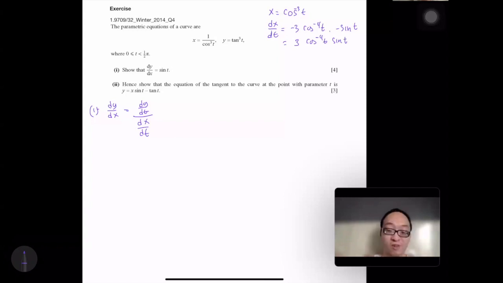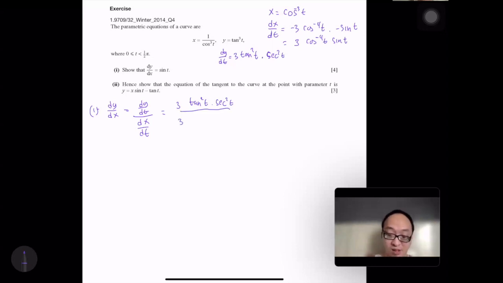And for y, the y is tangent cube t, so the dy/dt is 3 tangent square t times the derivative of tangent, which is secant square t. So we can combine it here: 3 tangent square t secant square t divided by 3 cos negative 4t sin t.